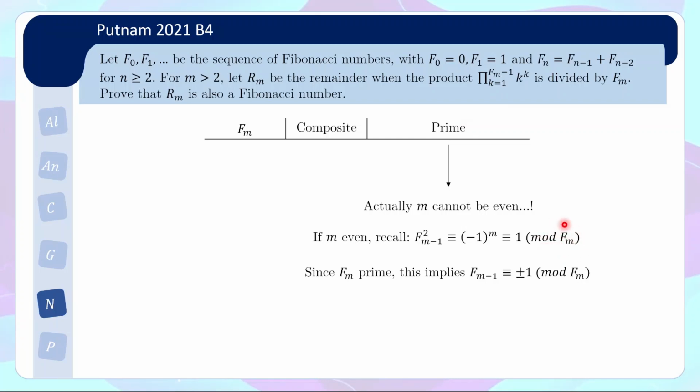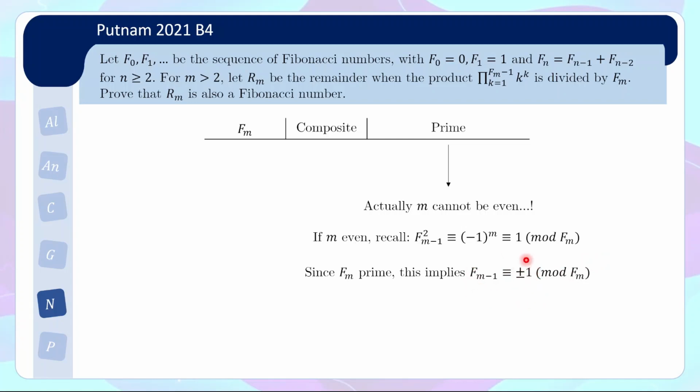So we have a field over here. This implies that the quadratic equation x squared congruent to 1 only has the two solutions plus minus 1. So Fm minus 1 must be congruent to plus or minus 1. Again, this is because we are working over a field, so polynomials like x squared minus 1 have up to two solutions, and we know the solutions are plus minus 1.